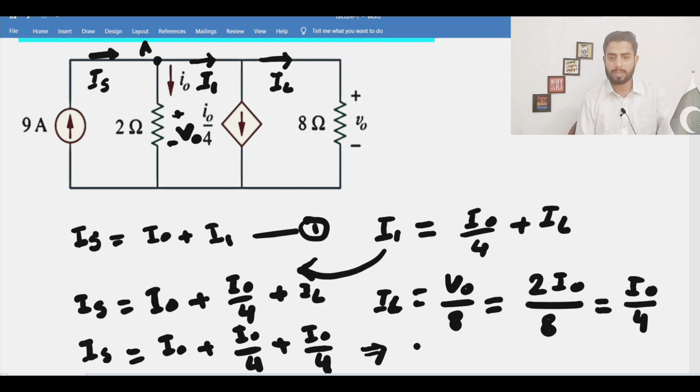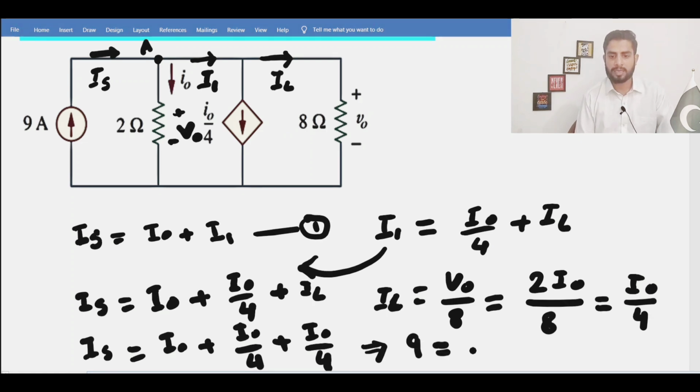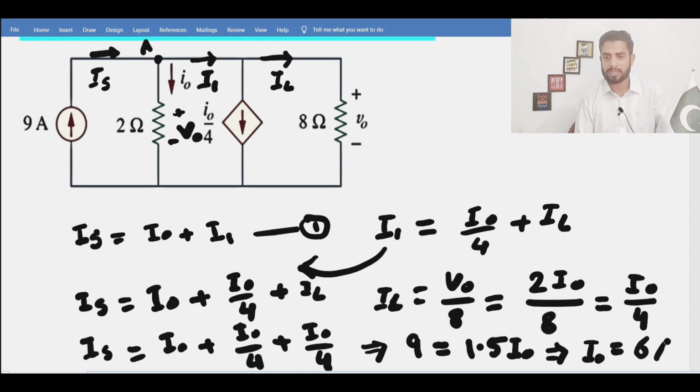This implies that IS, which is 9 ampere, is equal to I0 plus I0 by 4 plus I0 by 4. I will solve it and it will become 1.5 times I0. If 1.5 is divided on the other side, I will get I0. This implies that I0 is equal to 9 by 1.5, which is equal to 6 ampere.